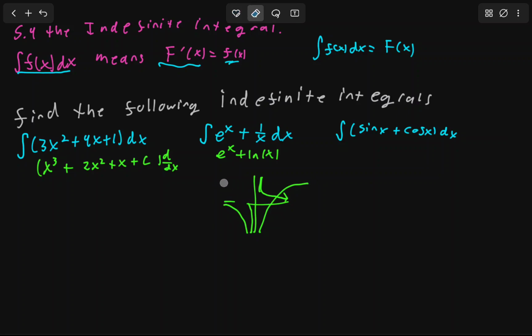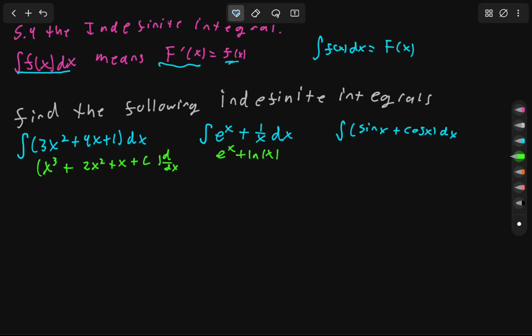Alrighty. Well, now what we're going to do is we're going to look at the integral of sine of x plus cosine of x. And you might notice that I'm now swapping to saying the integral, and that's normally what most mathematicians will say.